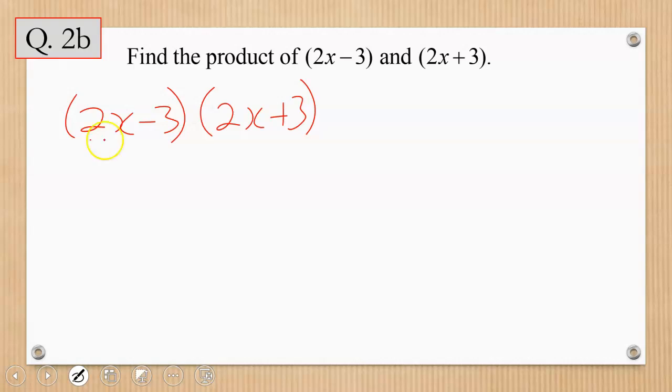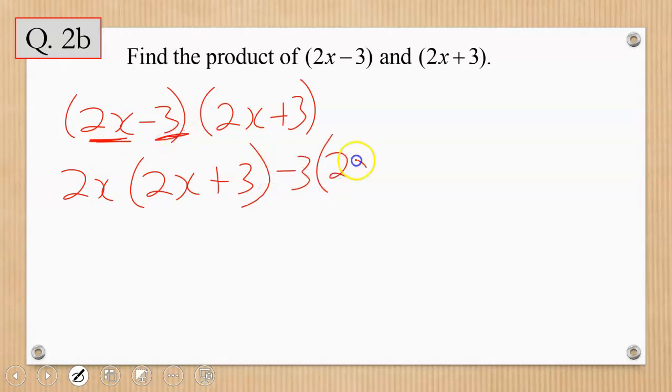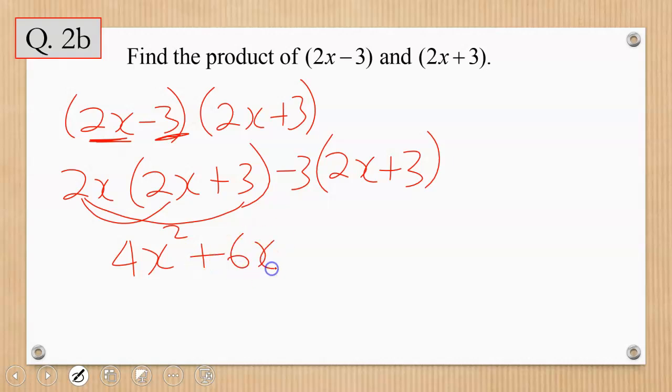And so, as usual, we pick our first term to multiply the second term. So 2x multiplying 2x plus 3. Then the second term, negative 3, also multiplying 2x plus 3 as well. So let's do the expansion. This will multiply this to give us 4x squared, and this will multiply this to give us 6x.